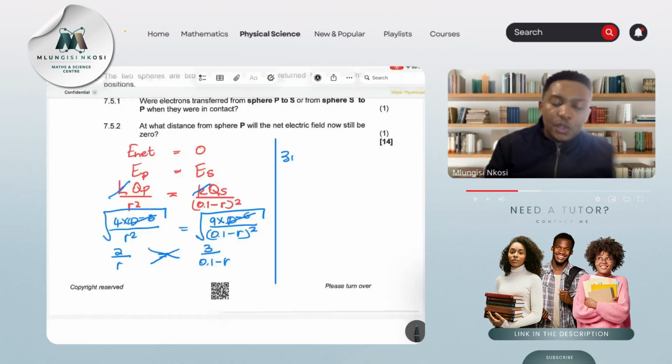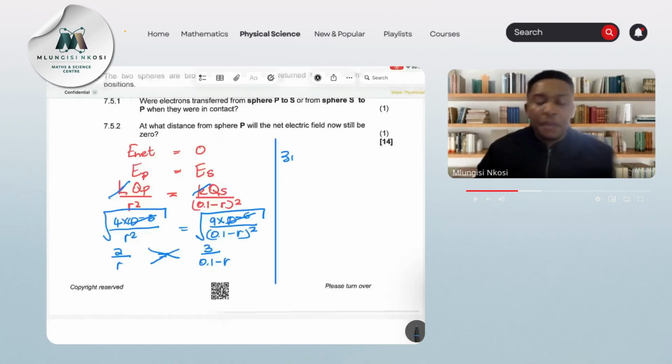I'm left with 2 over r, which is equal to 3 over 0.1 minus r. You can say, what if we wanted to make it plus or minus? It's not going to help us much here, because we're looking at the distance between 2 points.